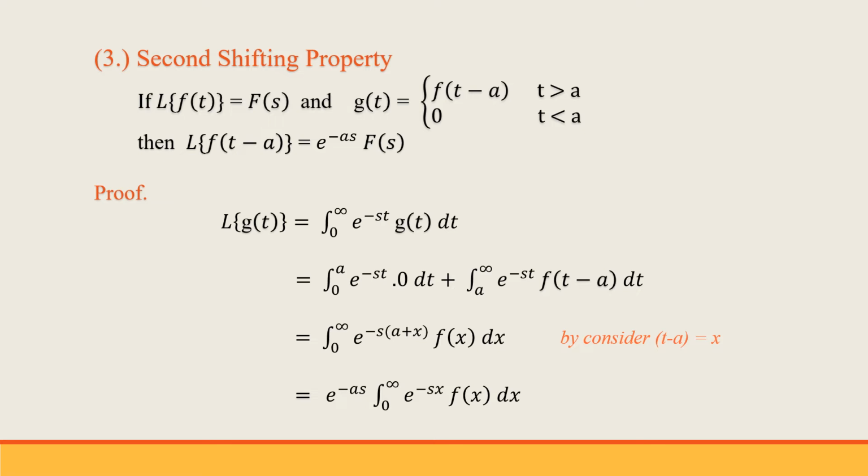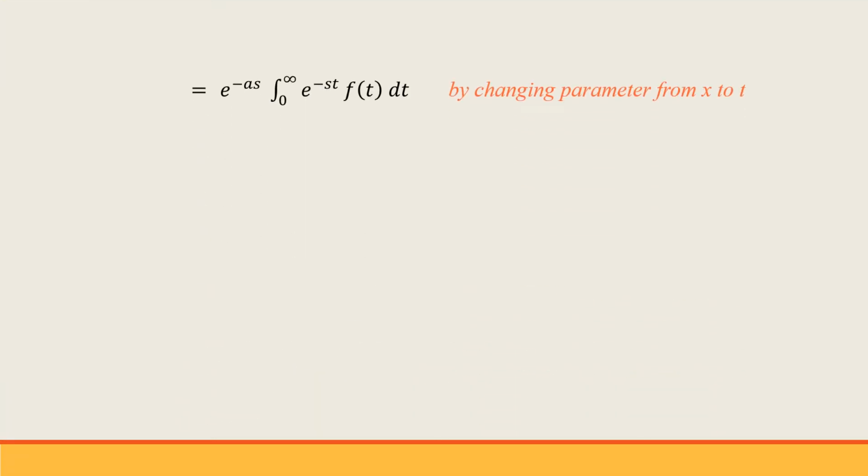Now, as our variable is x, we can take e raised to the power minus as outside the integral as it is a constant, and we can write it as e raised to the power minus as integral 0 to infinity e raised to the power minus sx into f(x) dx. Now, again we can change the parameter from x to t.